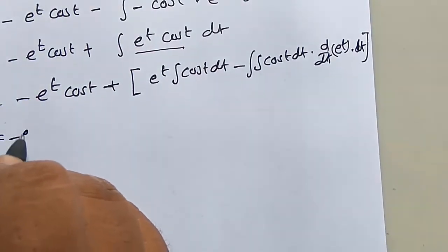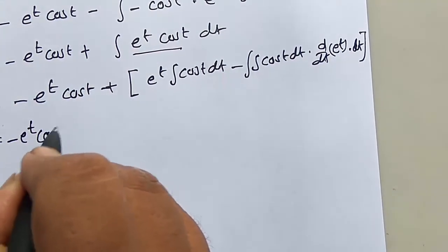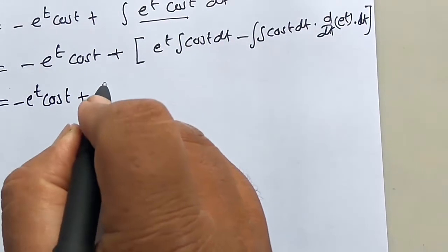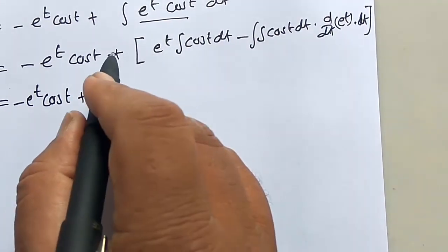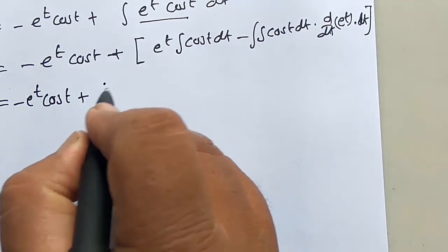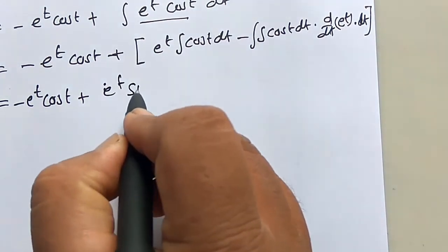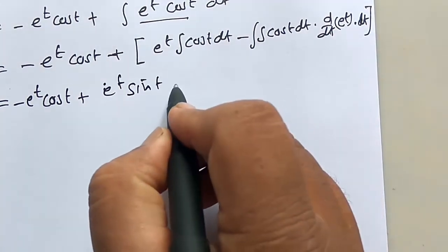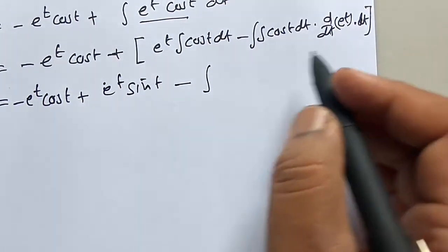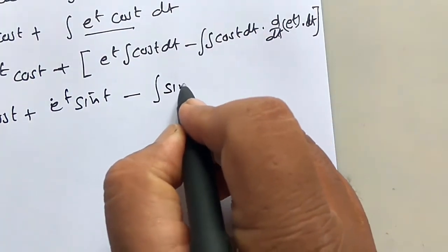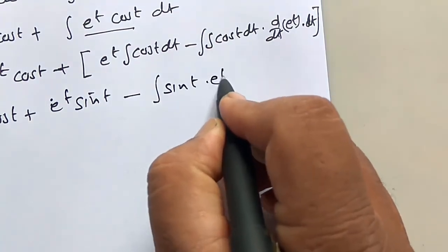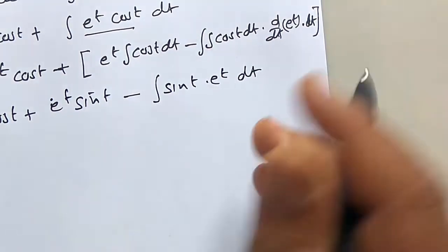So it is equal to minus e raised to t cos t plus, here e raised to t, integration of cos t is sin t, minus integration of cos t is sin t, e raised to t is e raised to t dt.